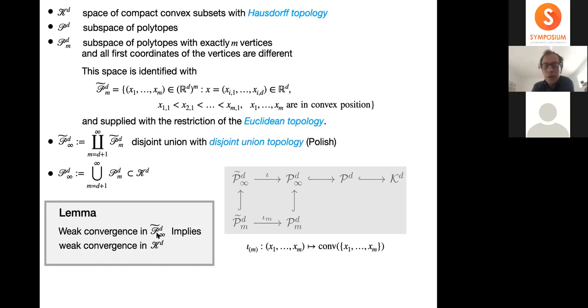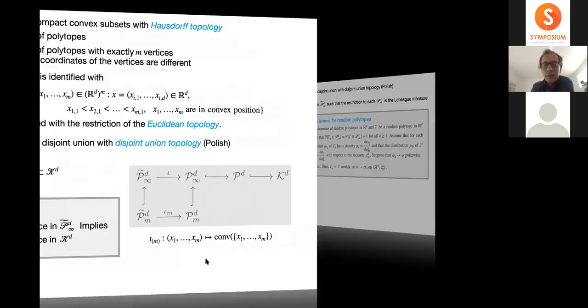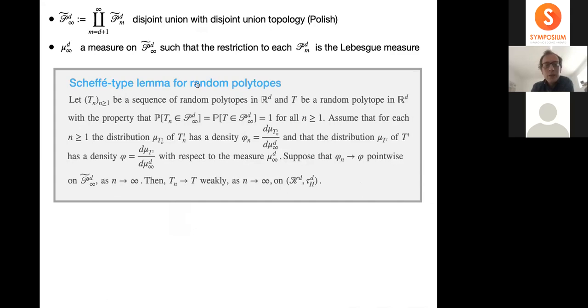How can we prove weak convergence in this representation space P_d^∞ tilde? As a reminder, here is this representation space P^∞. This is just a disjoint union of all these representation spaces P_d^m, of polytopes with m vertices.